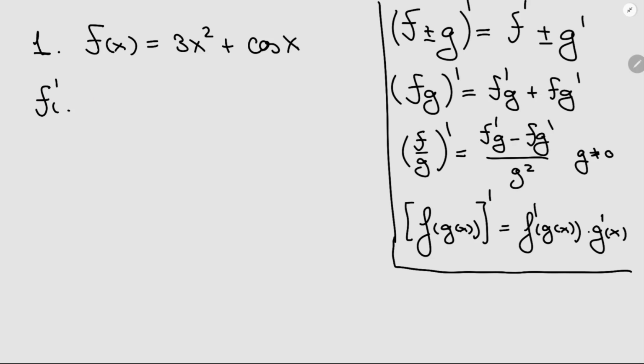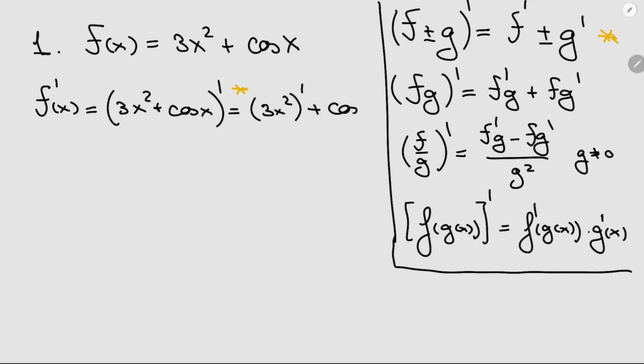So the derivative of f is the derivative of this thing over here. And by applying the first property, we get that this is equal to the derivative of 3x squared plus the derivative of the cosine.